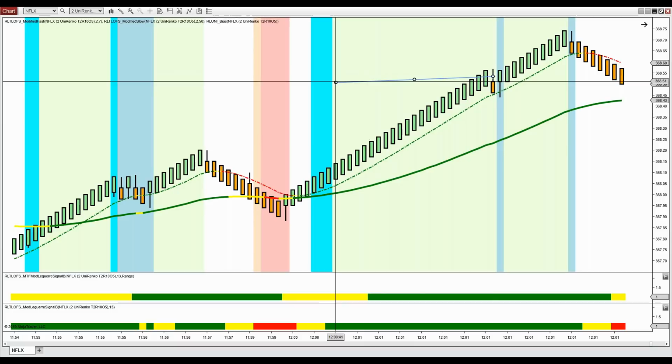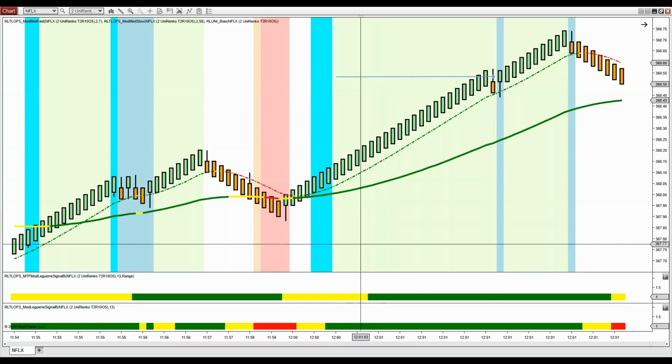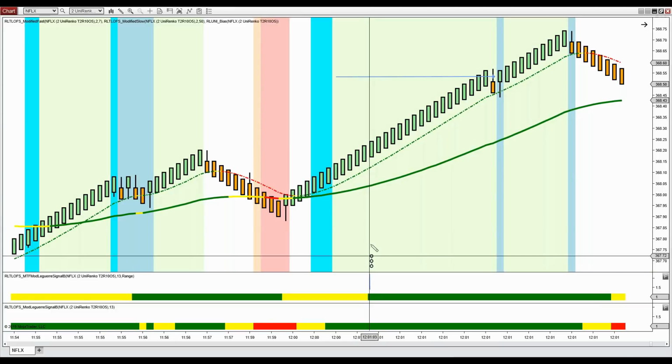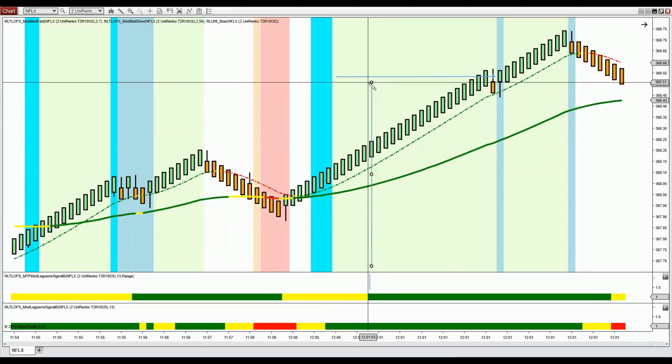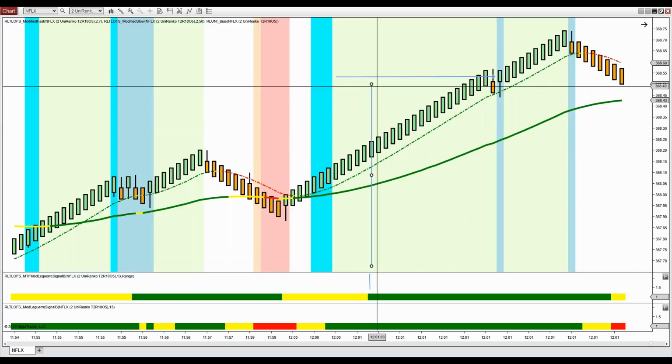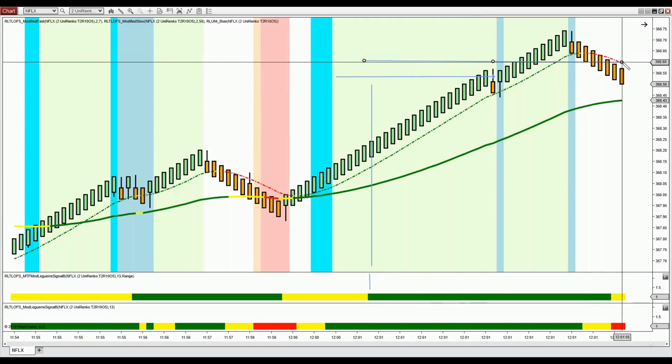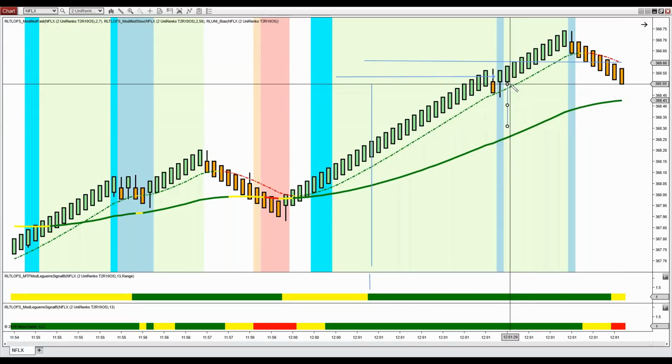So now you're trading in the direction of price acceleration right here and a multi-time frame alignment of whatever financial instrument you're looking at to the upside. You see, you're going to get another signal right here.